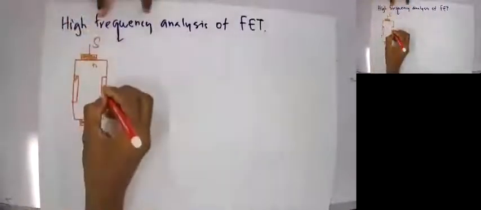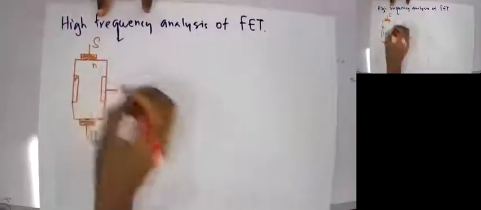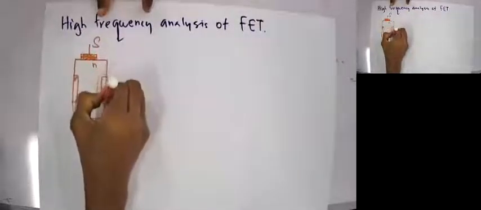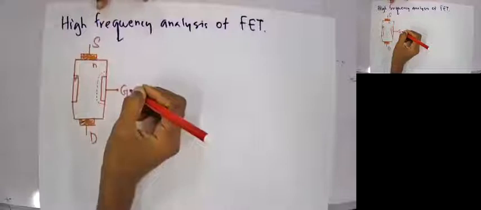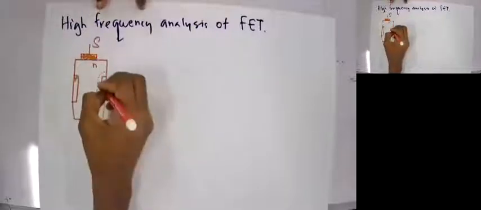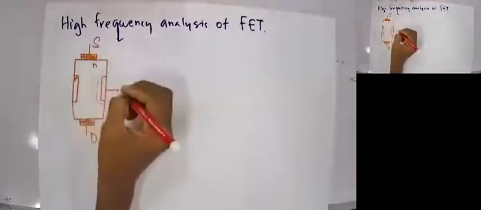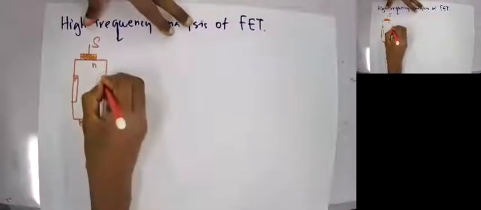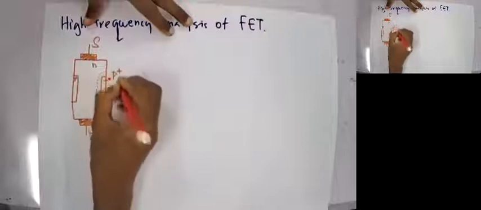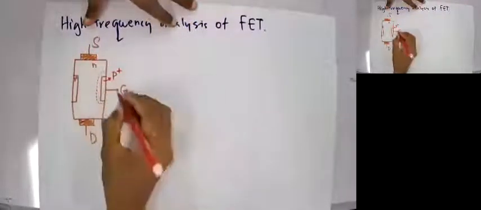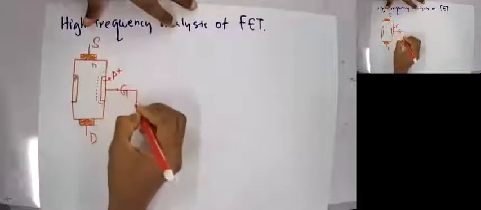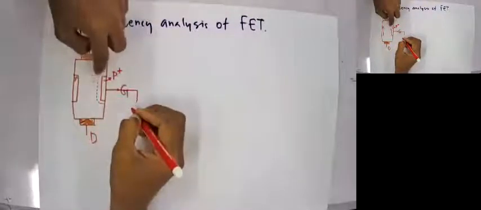I have a P plus semiconductor and N type semiconductor, so I'm going to have a depletion region across this junction. So this is P plus semiconductor.